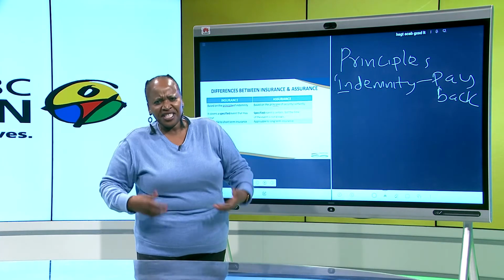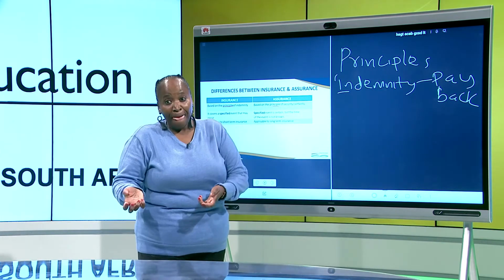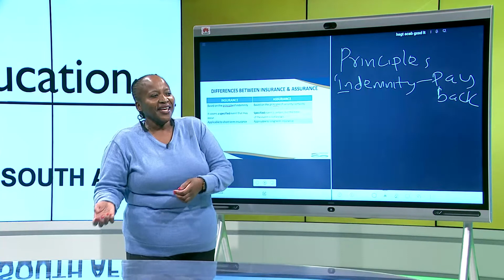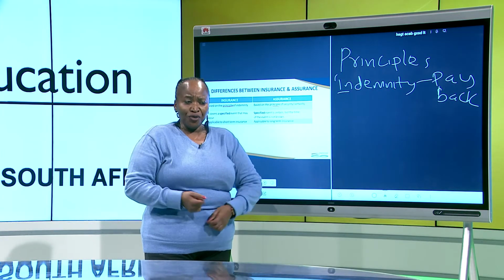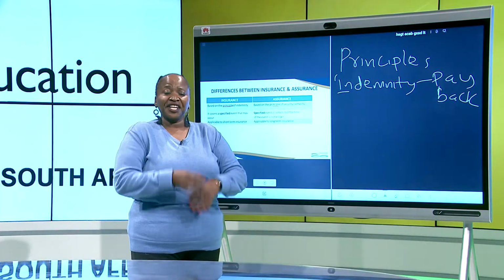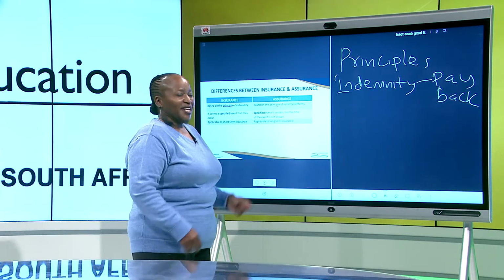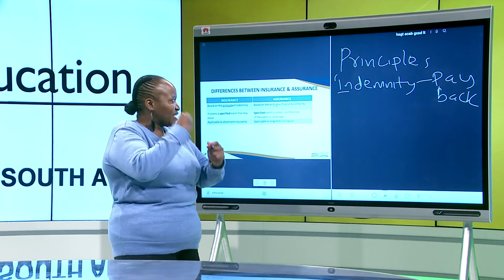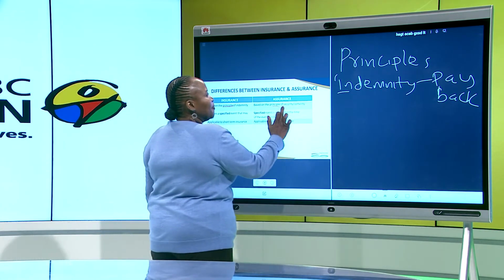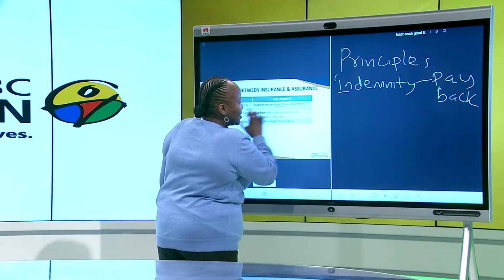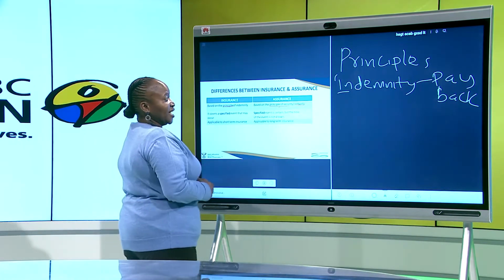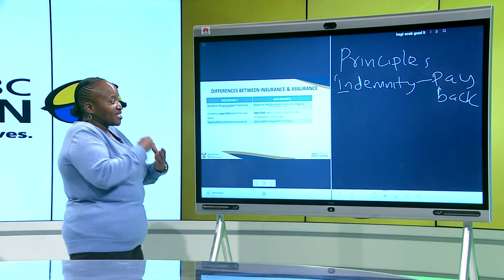You are going to reach a certain age one day, they are going to pay. Such as life assurance. You are going to die one day, and if you've taken out life insurance, the insurer will pay. That is why it is called assurance. It is guaranteed, they will pay. It's a principle of security or certainty, meaning that it's sure, it's guaranteed.